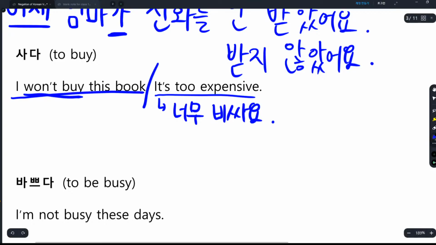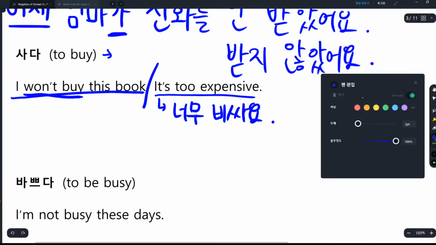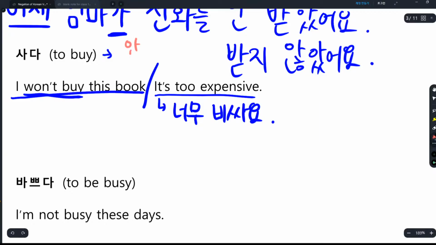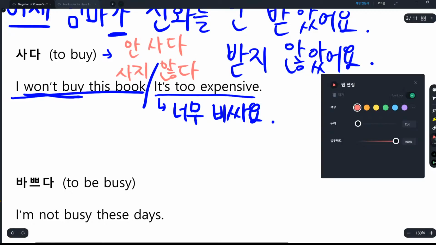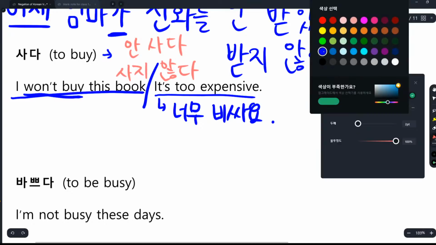So to translate this sentence, there is a negative form used, so we have to know the negative form of 사다, which is easily figure outable now, right? 안 사다 or 사지 않다.